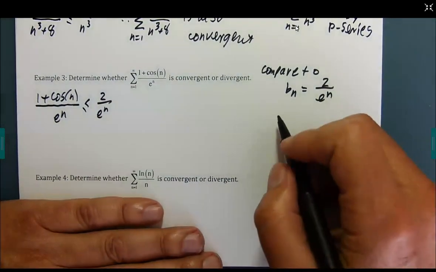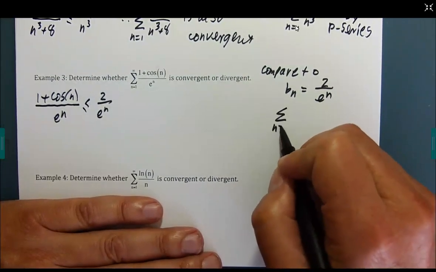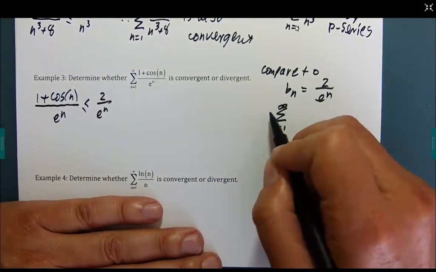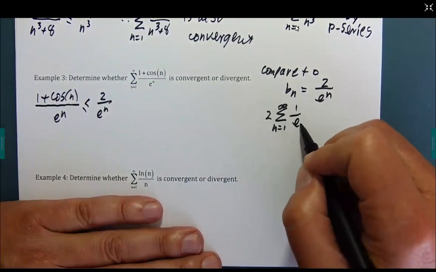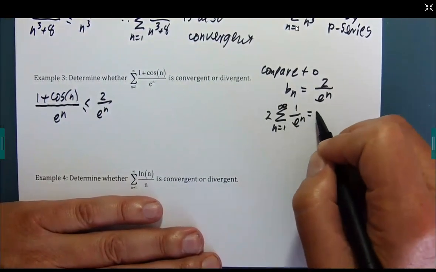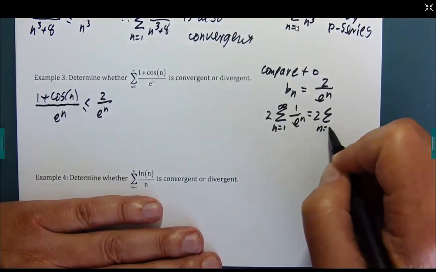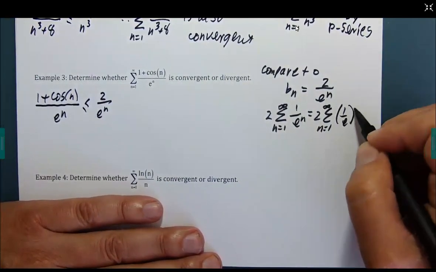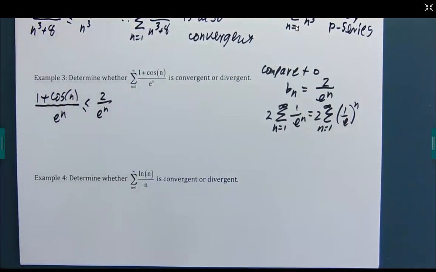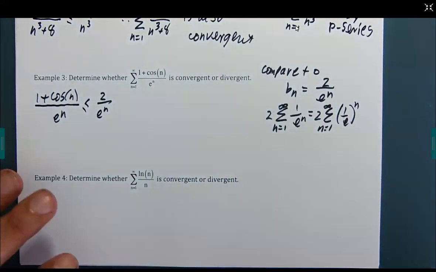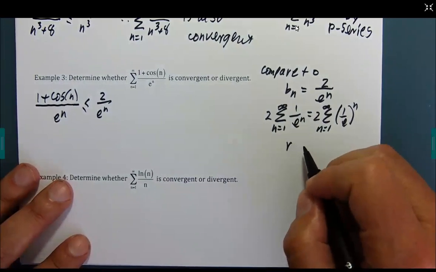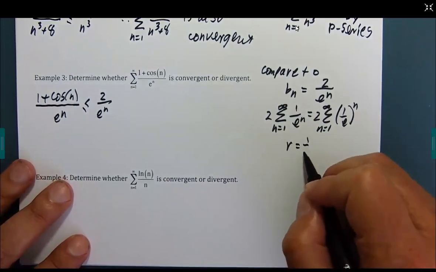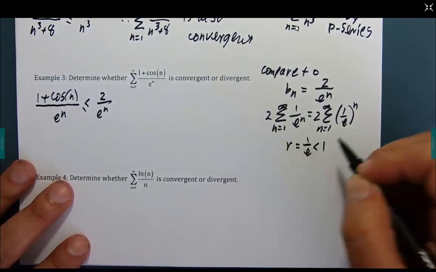And this becomes this here. This is a geometric series, and r in this case is 1 over e, which is definitely less than 1.